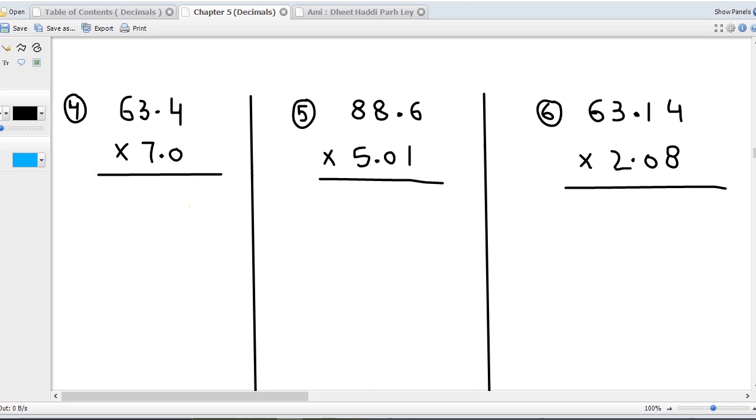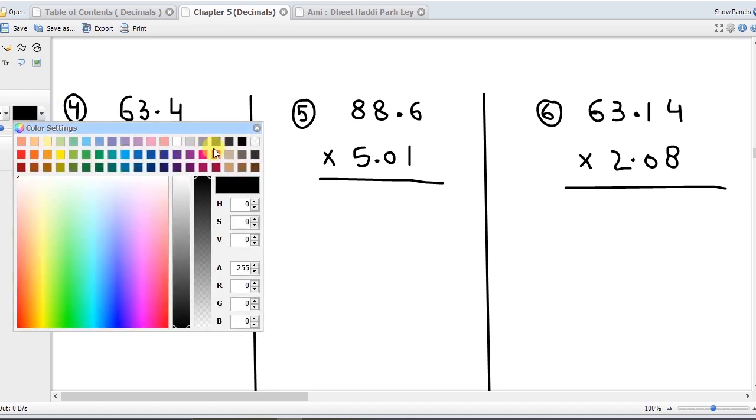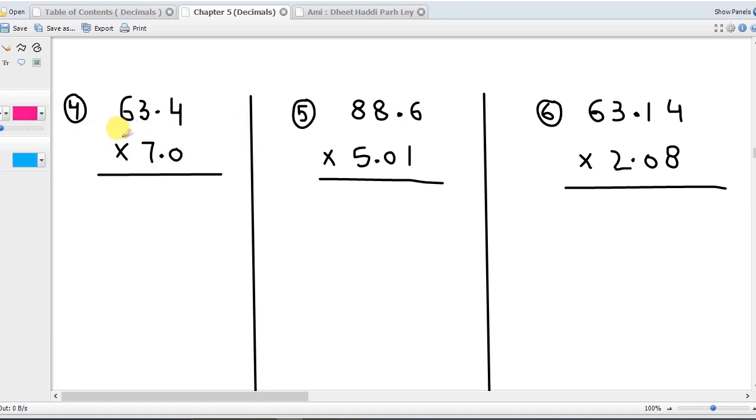Okay, moving on to the next question, which is question number 4. 63.4 times 7.0, or simply consider it as 7. Since we know that after a decimal point 0 will not contain any value, we can simply erase this 0 to make it simple.